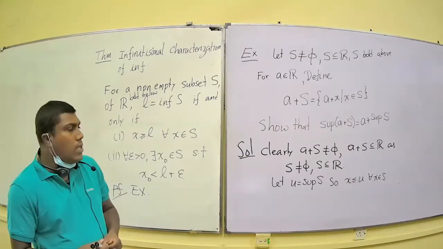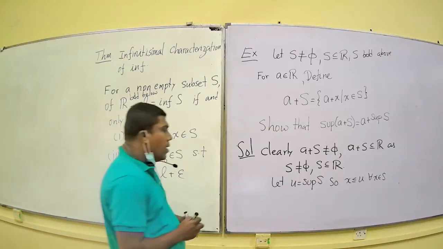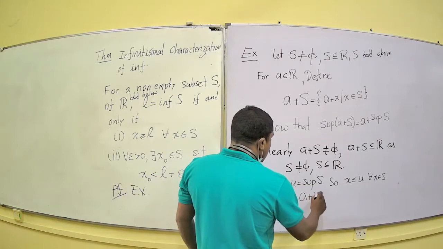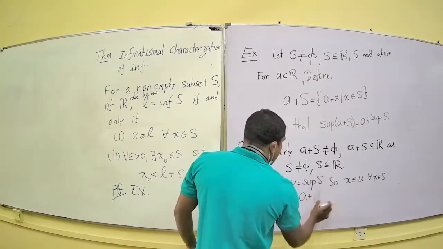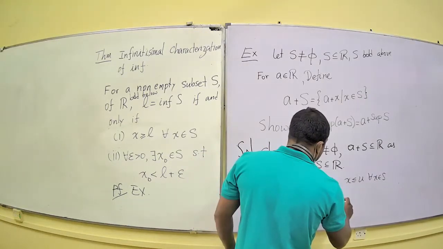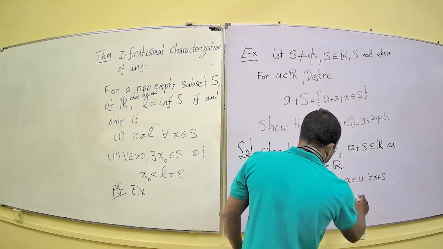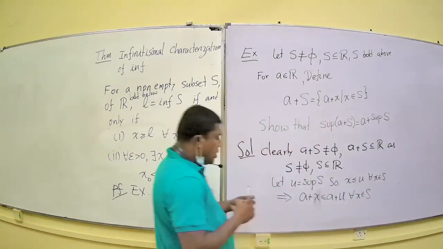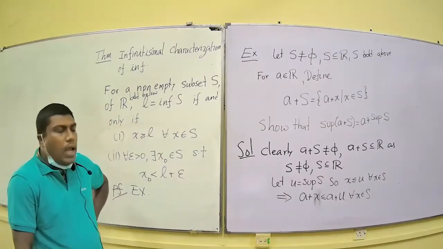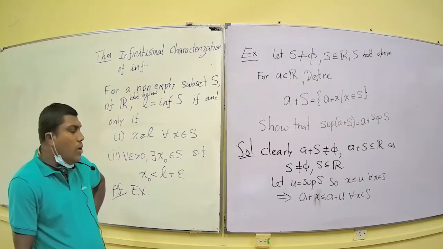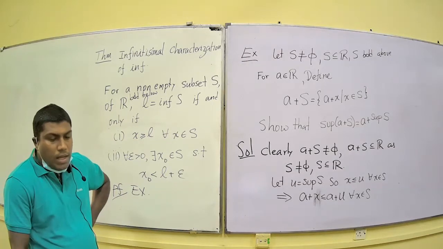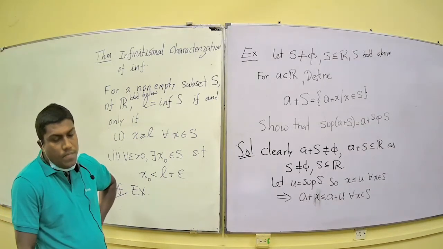So U is greater or equal to x for all x in S. So that means when you add A on both sides of the inequality, you get A plus x is less or equal to A plus U. We can do that because of the order property which we studied earlier.